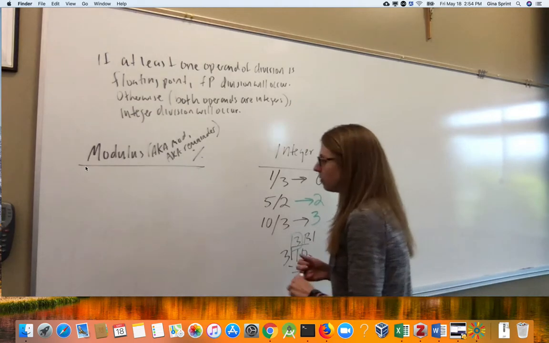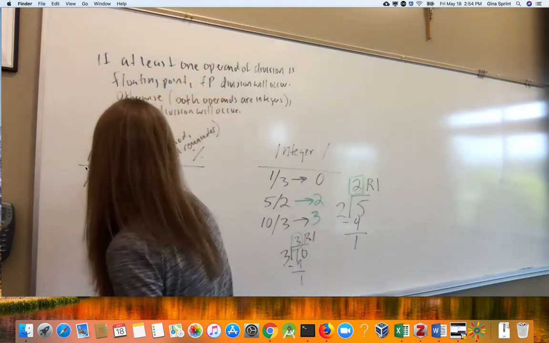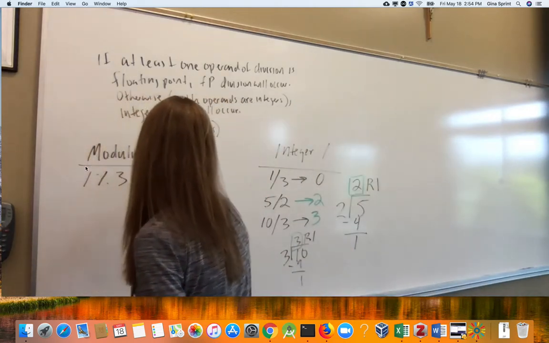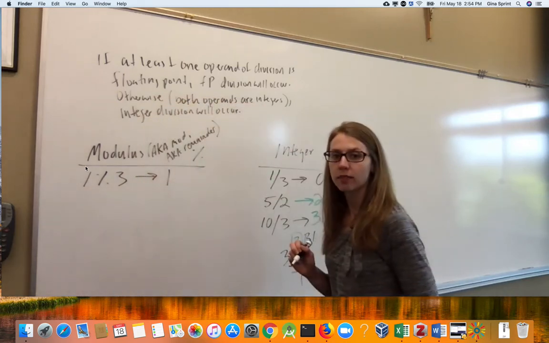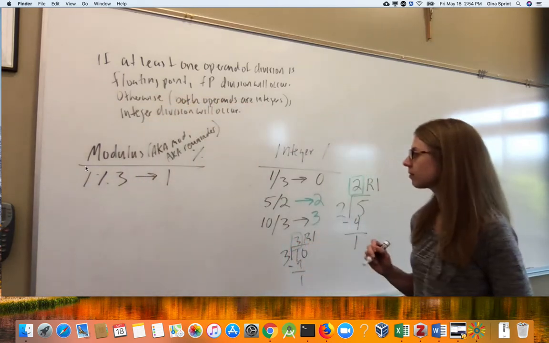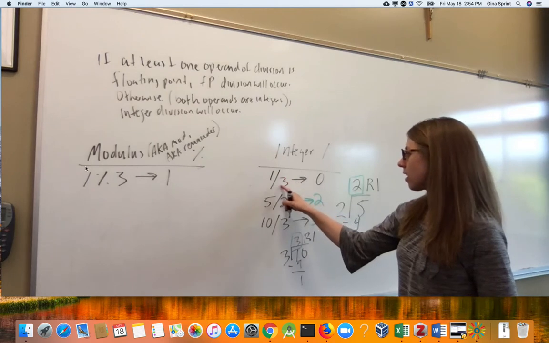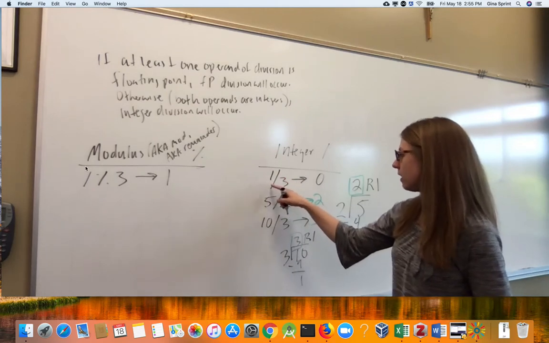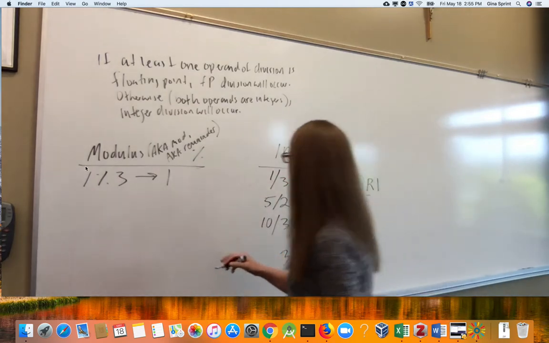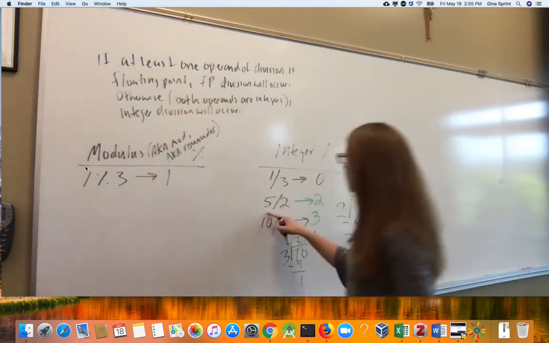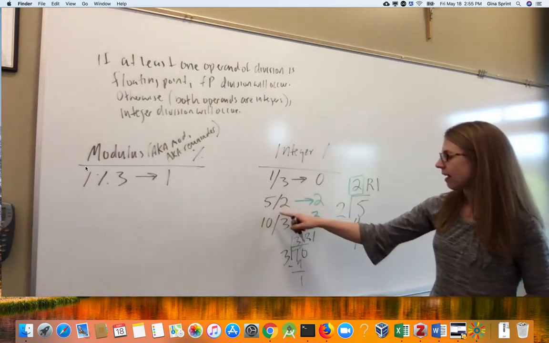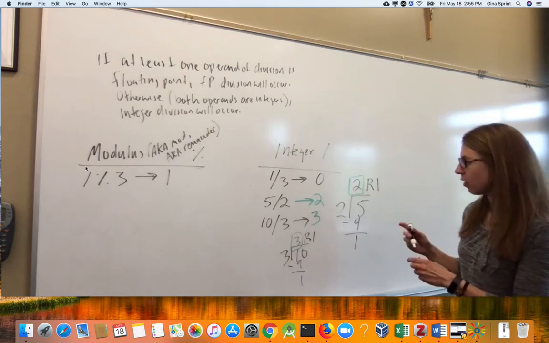So for example, 1 mod 3 is 1. 3 does not go into 1 evenly, remainder 1. 2 goes into 5 evenly 2 times with remainder of 1.